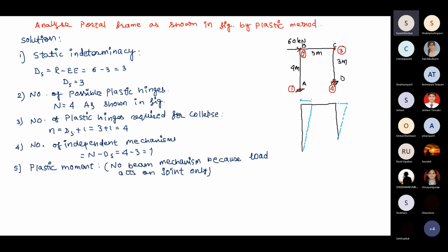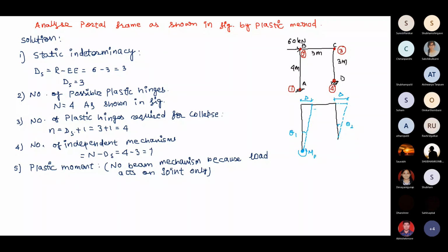We know the sway should be the same. So we have this angle theta 1, this will be theta 2. Now we have a hinge here, similarly a hinge over here.